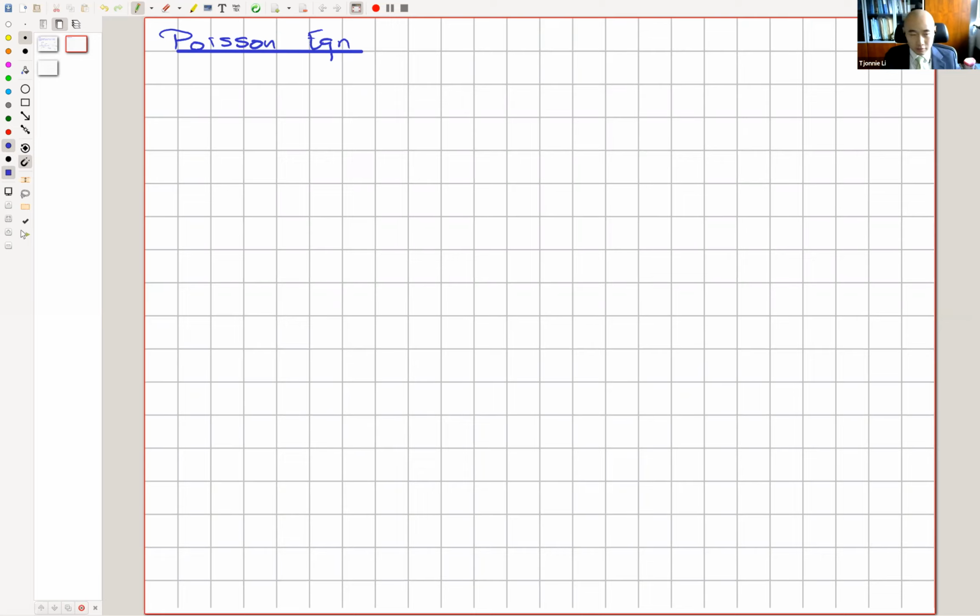Anyone? This is arguably the most important equation. Laplacian of phi equals a constant. Very good. Okay.